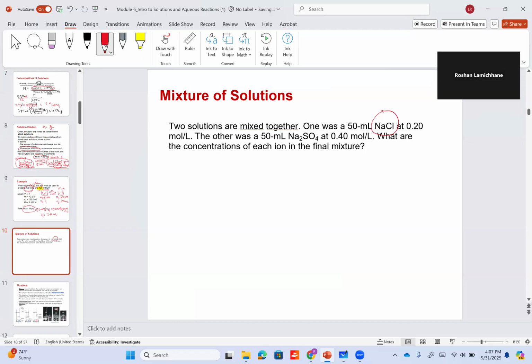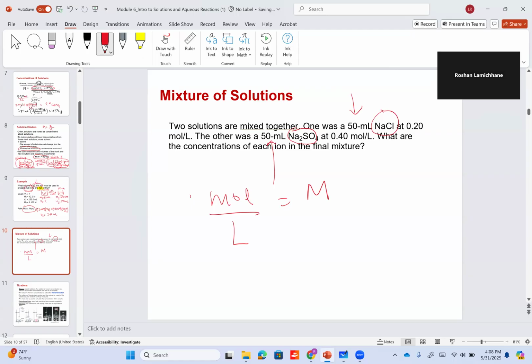In the other one, we had Na2SO4, and they gave us the volume of the first salt solution, and they also gave us the volume of the second salt solution, which is Na2SO4. And they even gave us the concentration, right? Remember, 0.20 moles per liter is the same as molarity. Moles per liter is the same as molarity because the formula of molarity is number of moles over volume in liters, right?